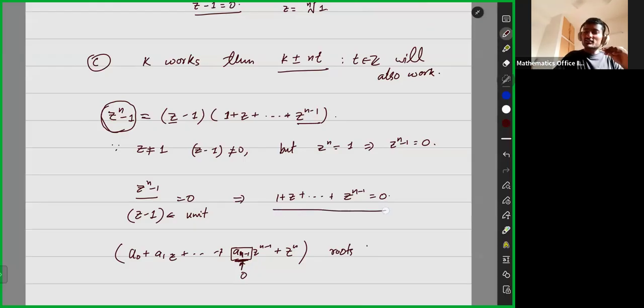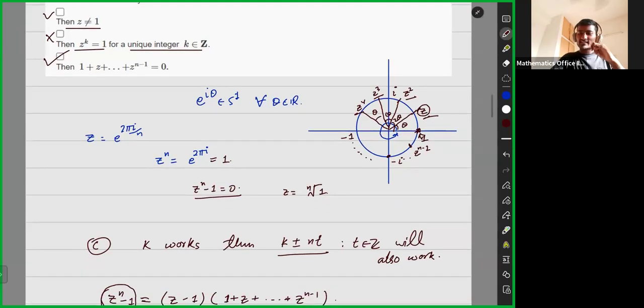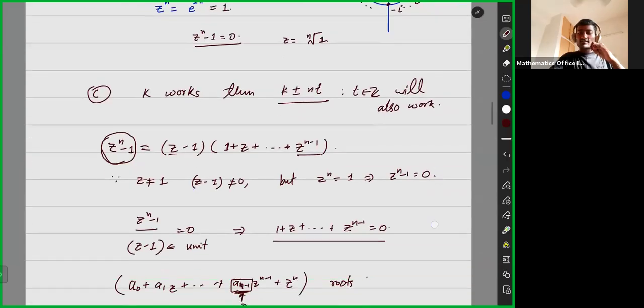And this is the sum of roots, because these are all the roots: z, z square, z cube, z power 4. These are roots of unity. Sometimes in the literature it is written omega, omega square, omega cube, this way. So the sum of roots is 0 here.